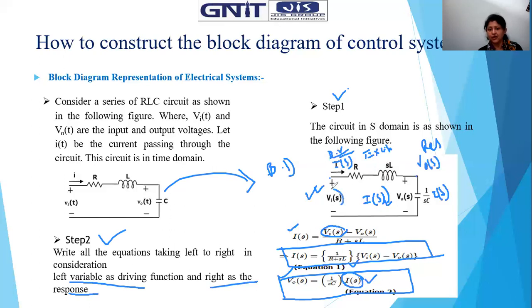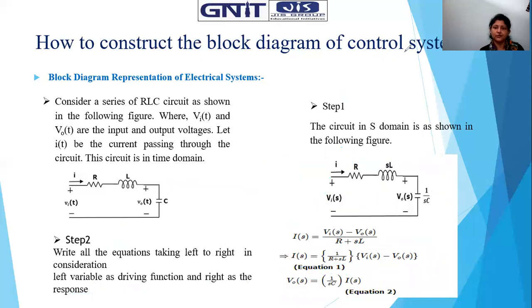Which one is the cause, which one is the effect. Then that effect becomes the cause for the second stage, and that produces its own effect. That effect will be the cause for the third stage, and next will be that. This way you continue in a serial manner. So you are getting here two equations. Fine. Now moving to the next part.